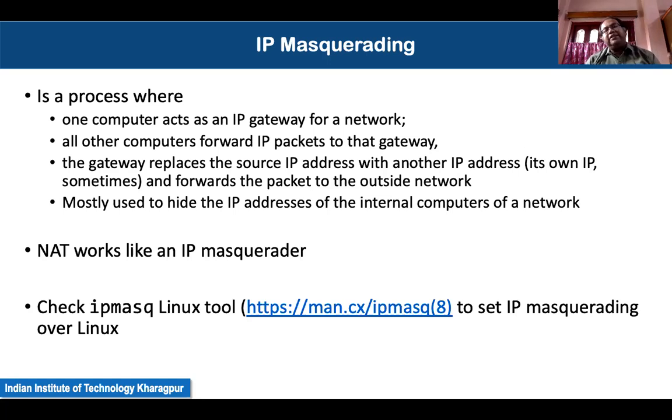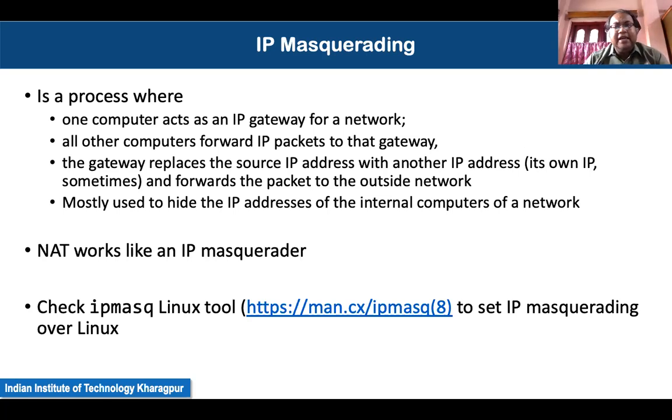So whatever packets are being forwarded to the outside network, they replace the source IP address of that packet with their own IP address or some other predefined IP address, and forward that packet to the outside network. So the outside network only observes that a single machine is forwarding that packet. And that machine becomes the mouthpiece, or the face, of the entire network.